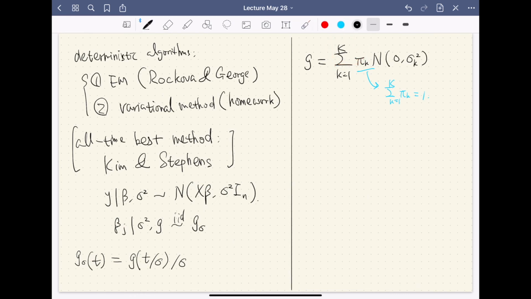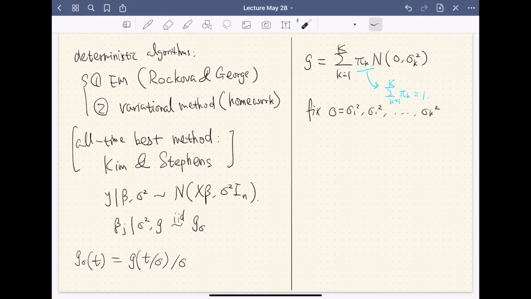And what Yang-So and Matthew suggested is to fix the choices of sigma 1 squared, sigma 2 squared, up to sigma K squared. In particular, sigma 1 squared is fixed at 0, so you always have a spike.